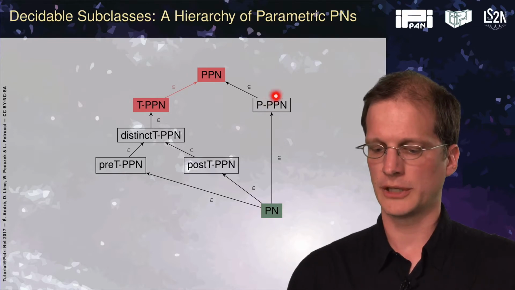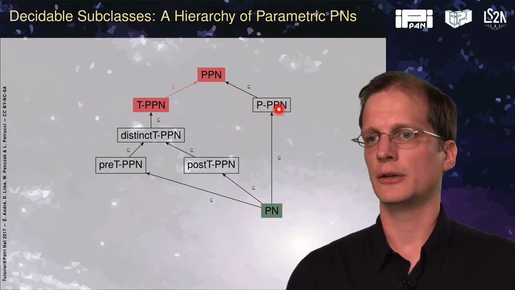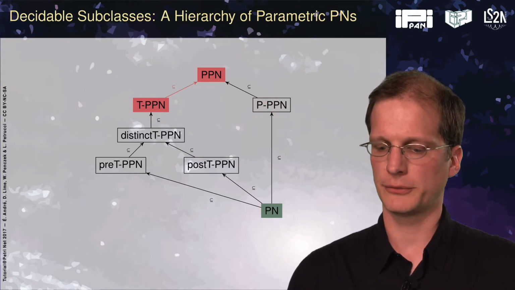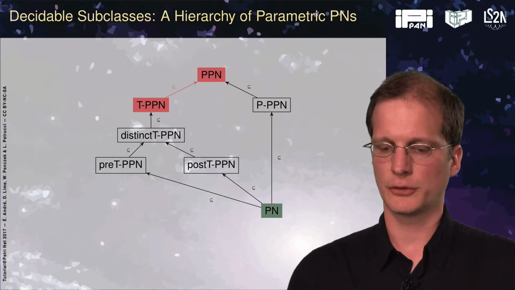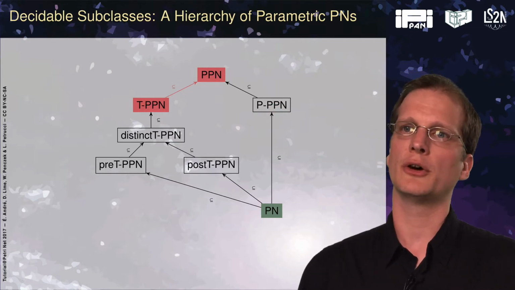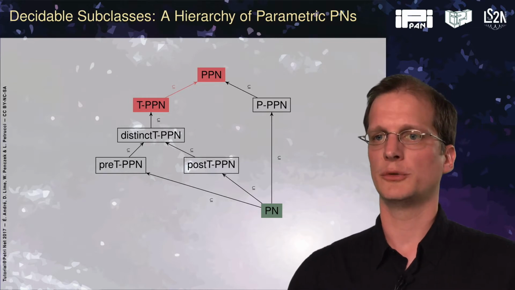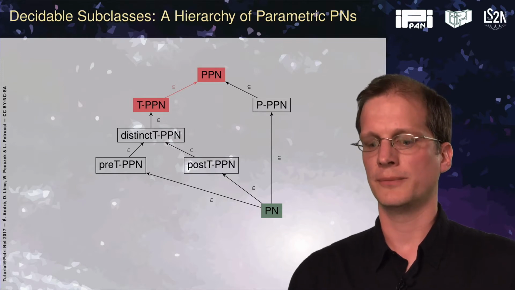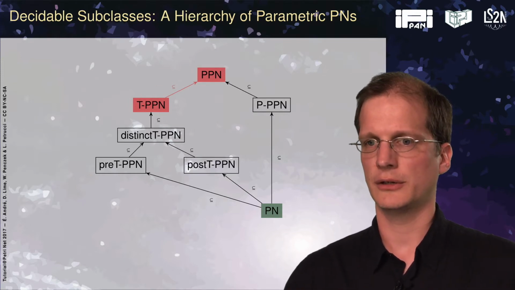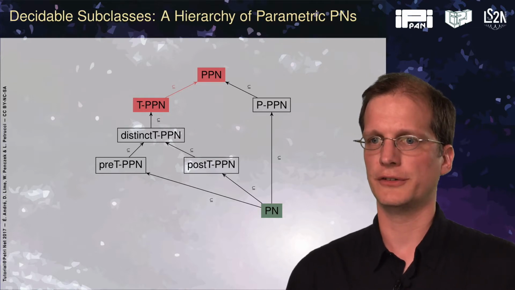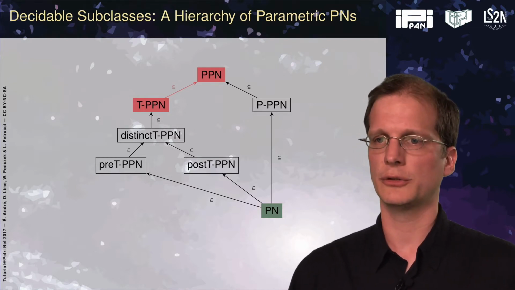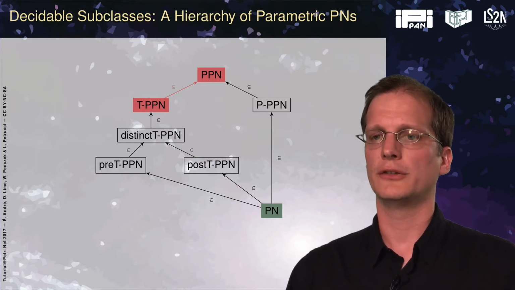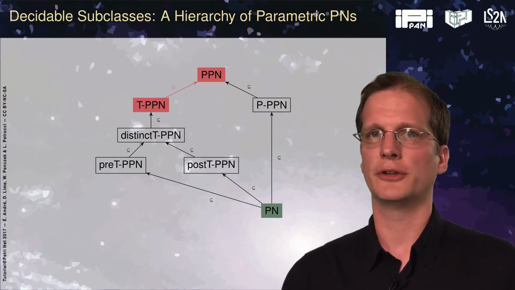So here maybe we can first try to split between parametric Petri nets only with initial markings that are parameters, so place parametric Petri nets, and transition parametric Petri nets in which we put parameters only on the arcs of the model, so input arcs, output arcs. As we have seen just before, this model is actually undecidable too, because the previous construction of the simulation of the counter machine uses only parameters on arcs.